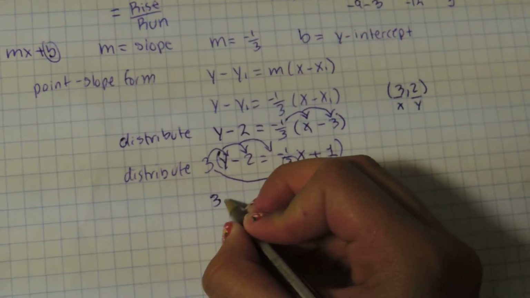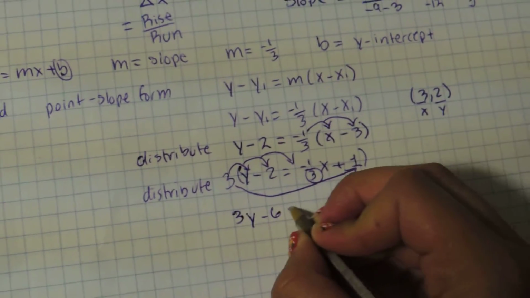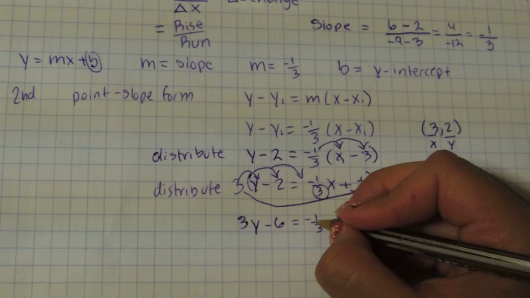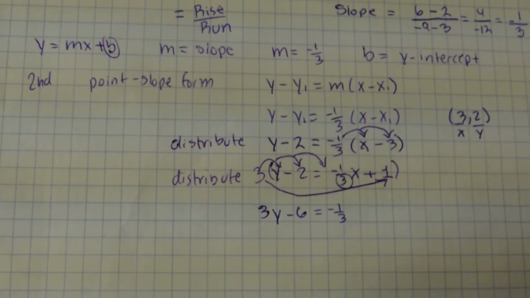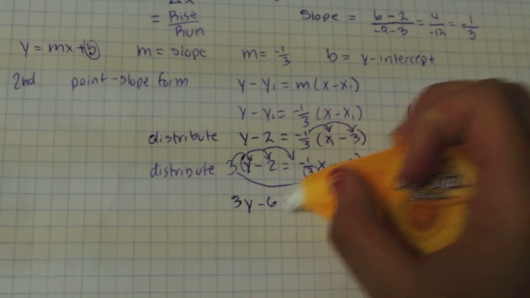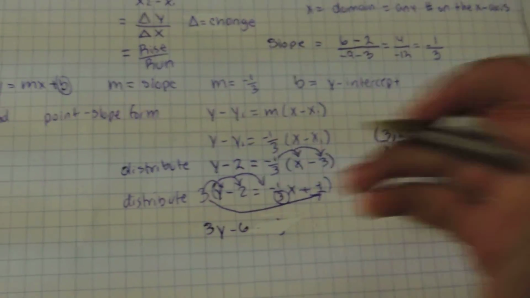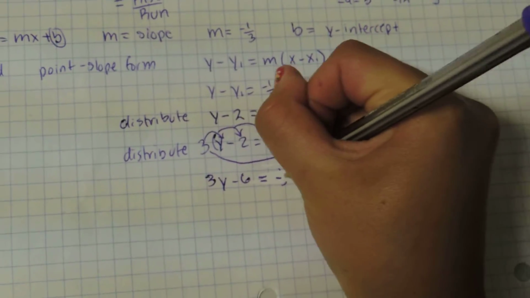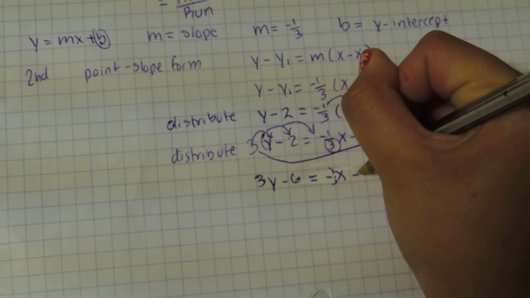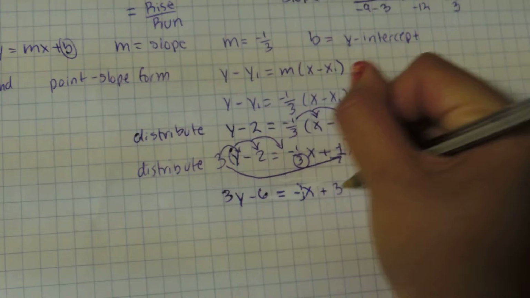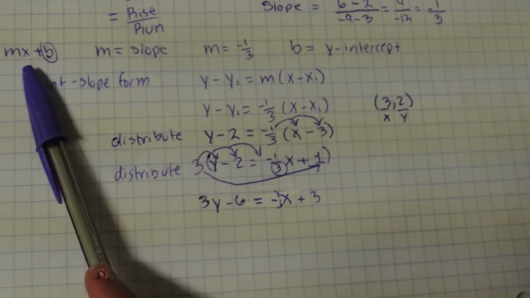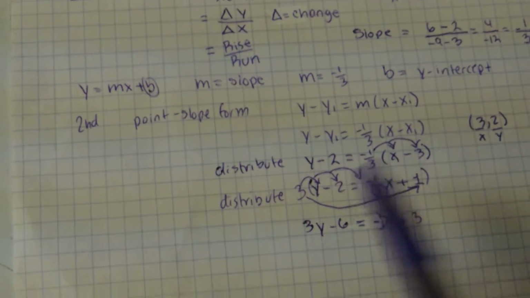This would equal 3y minus 6 equals negative x, there's an invisible 1 there, plus 3. Now, if we want to get to this equation, we're going to have to leave y alone.